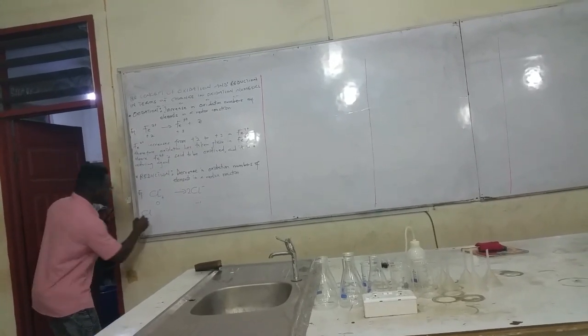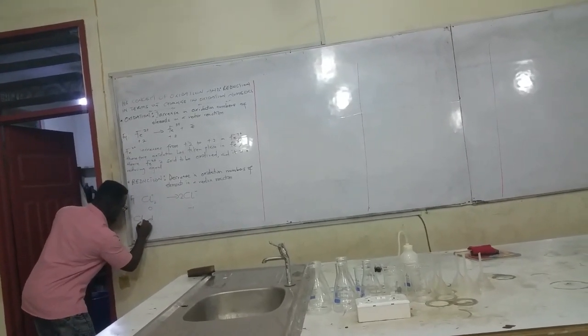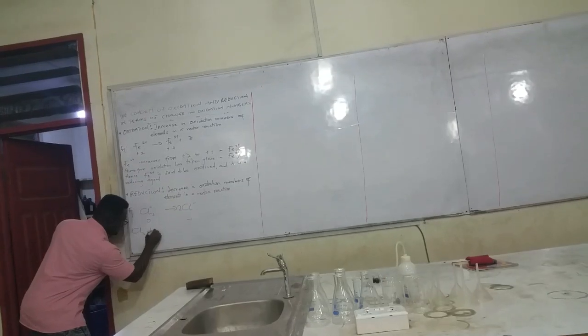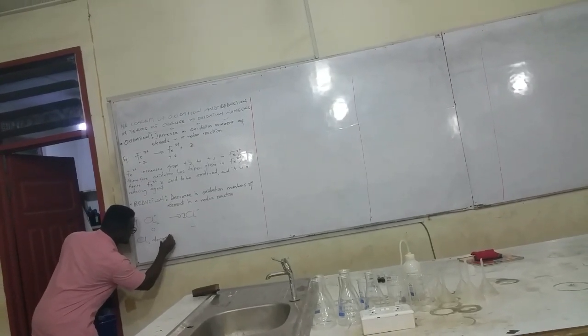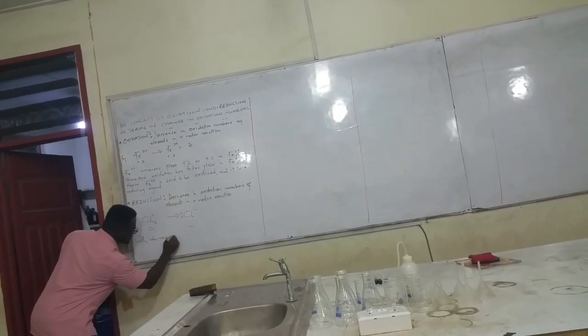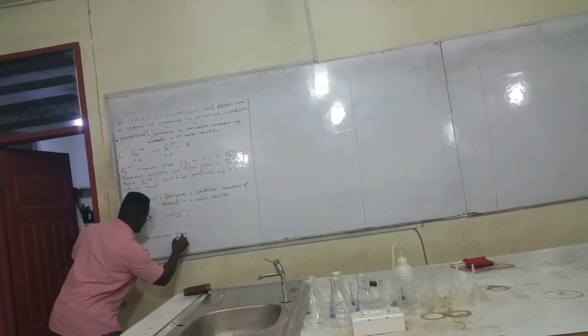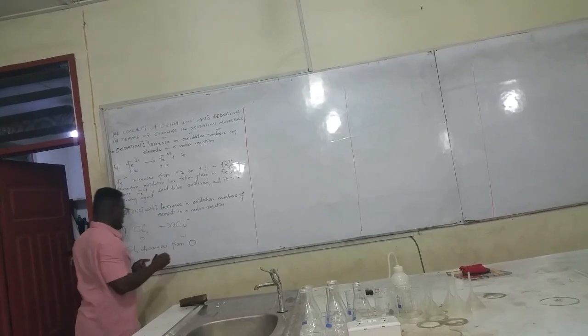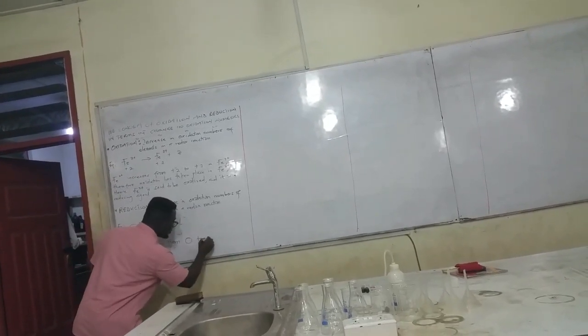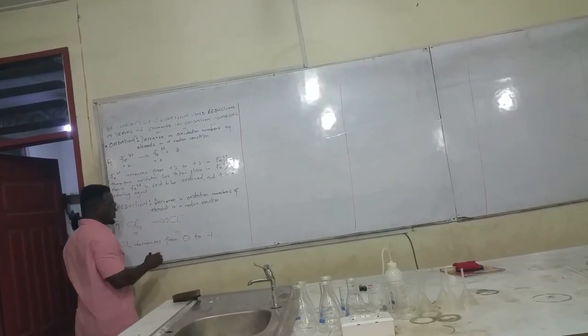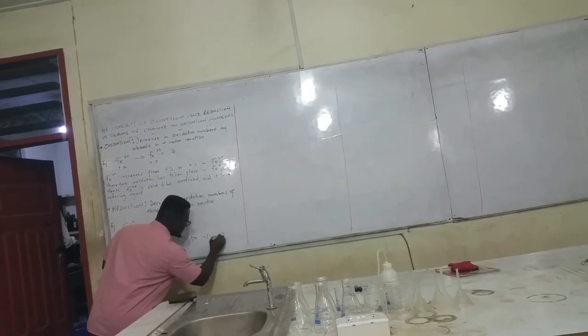So Cl2 decreases from 0 to -1 in Cl minus.